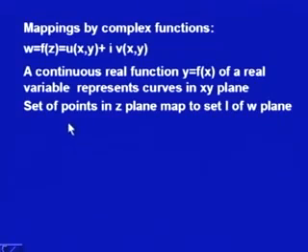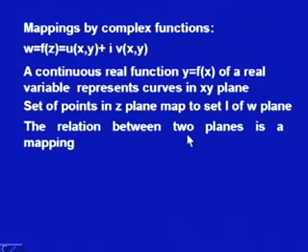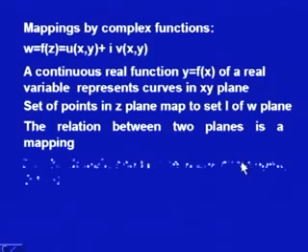Let us consider the set S of points in the z plane, they will map to an image I of the w plane. If the set of points lie on a curve, then how will the mapping be done, or what is the relationship between two sets in two different planes.